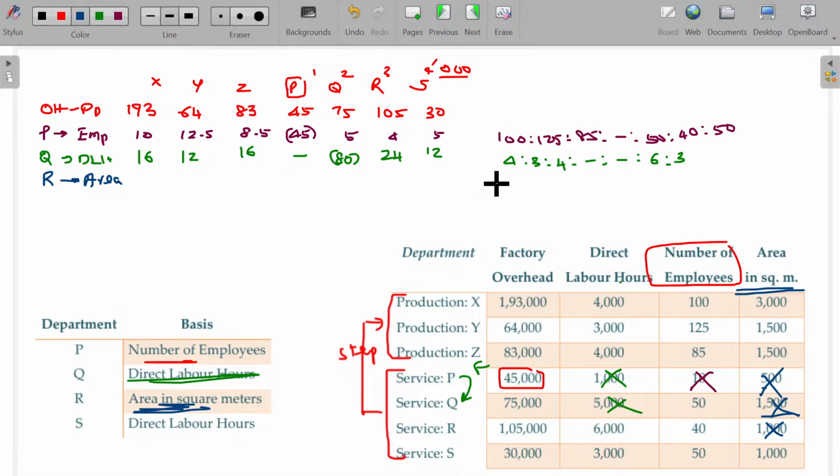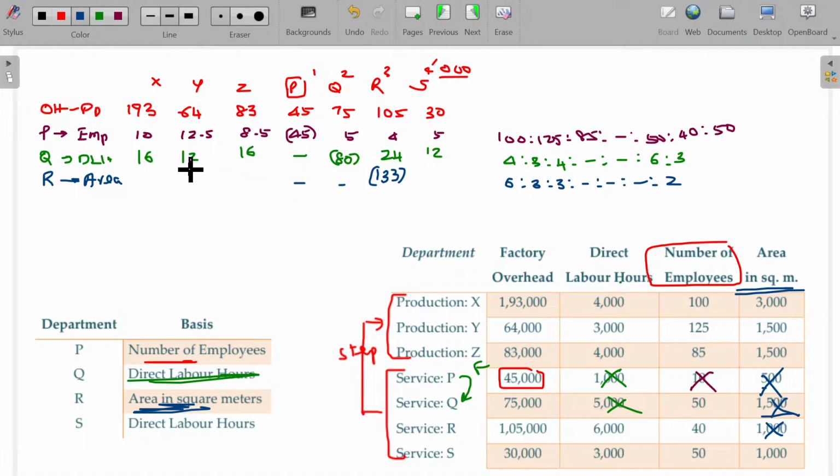Then this value will be distributed using 3000, 1500, 1500 and 1000, otherwise 6 : 3 : 3 : dash : dash : dash : 2 by area. Now the total value for R is 105 plus 4 plus 24. How much is that? 133. This 133 will be distributed to the rest of the departments.